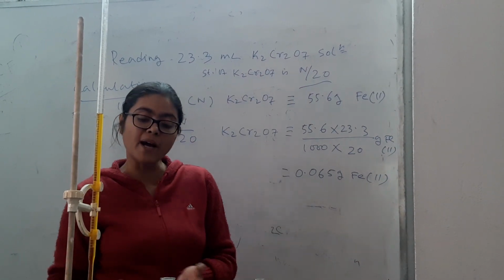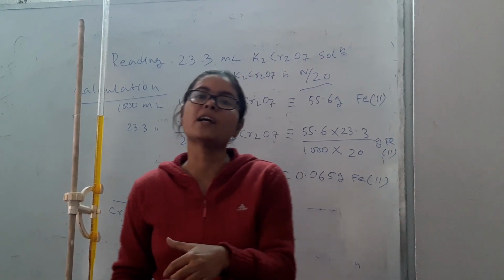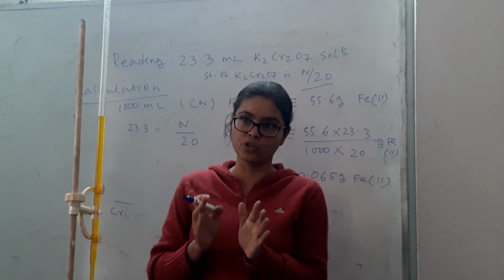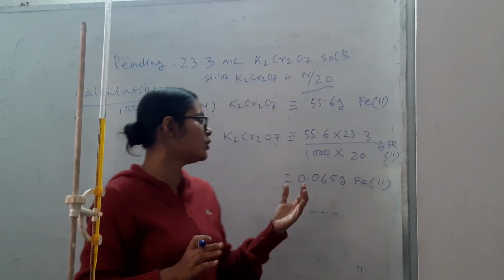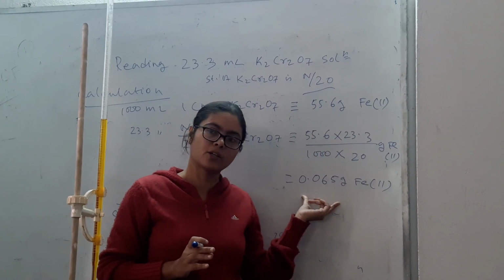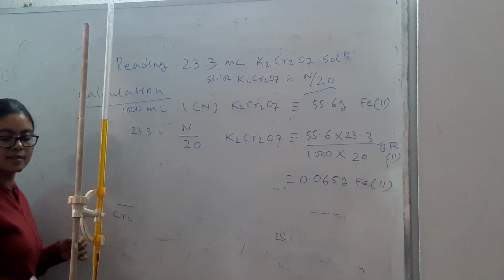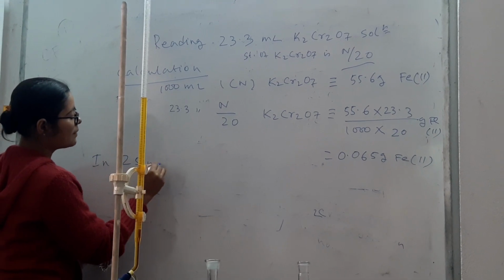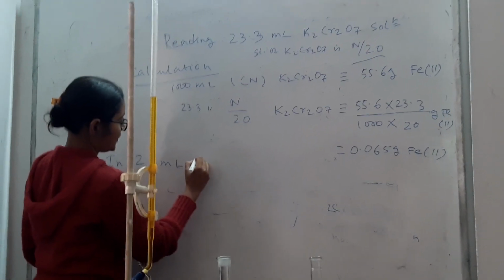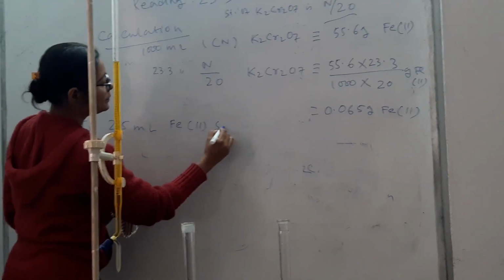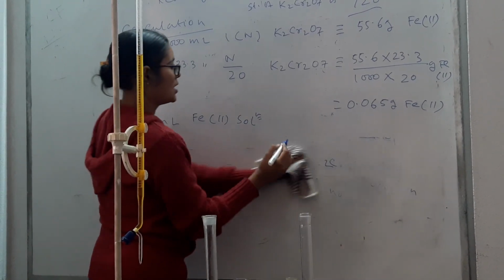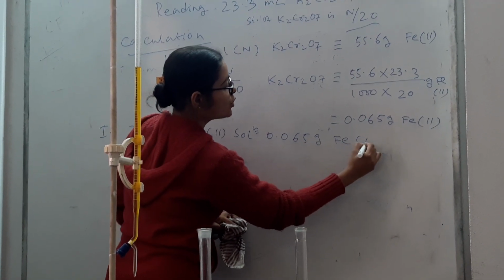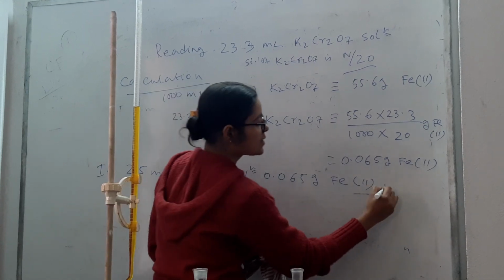So in my sample, I am pipetting out 25 ml. So in the 25 ml sample solution, this amount of iron 2 is present. Okay. So I am writing this: in 25 ml iron 2 solution, 0.065 gram of iron 2 plus is present.